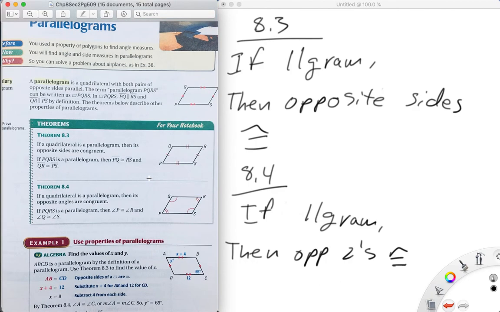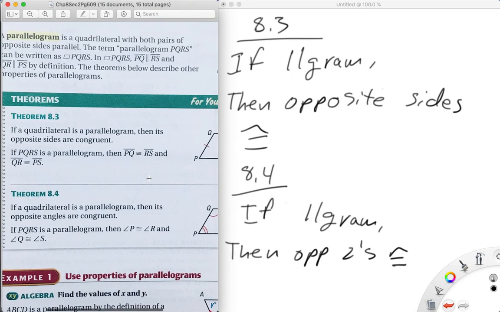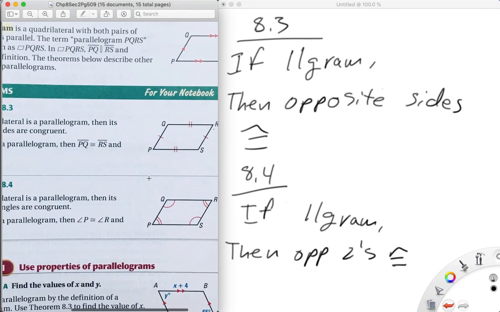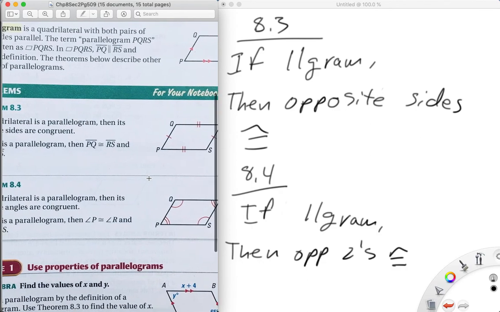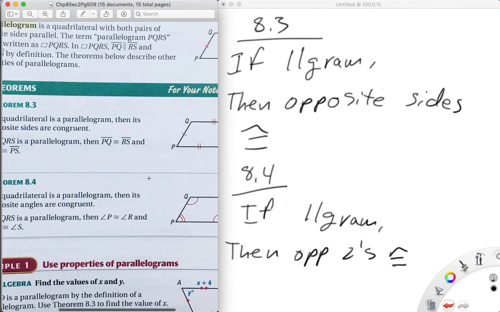Right? If Theorem 8.3, if a quadrilateral is a parallelogram, then its opposite sides are congruent. If a quadrilateral is a parallelogram, then opposite angles are congruent.